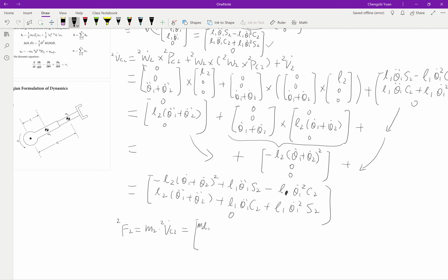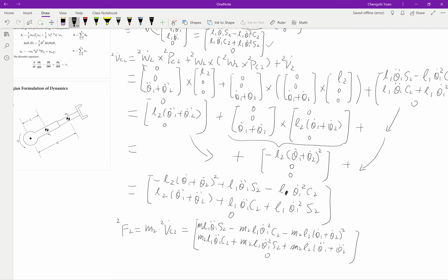M2 L1 theta 1 double dot S2 minus M2 L1 theta 1 dot square C2 minus M2 L2 (theta 1 dot plus theta 2 dot) square, and M2 L1 theta 1 double dot C2 plus M2 L1 theta 1 dot square S2 plus M2 L2 (theta 1 double dot plus theta 2 double dot), and 0.